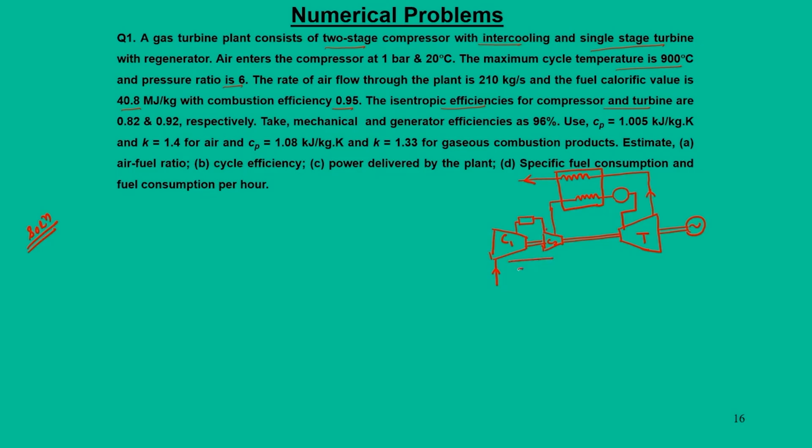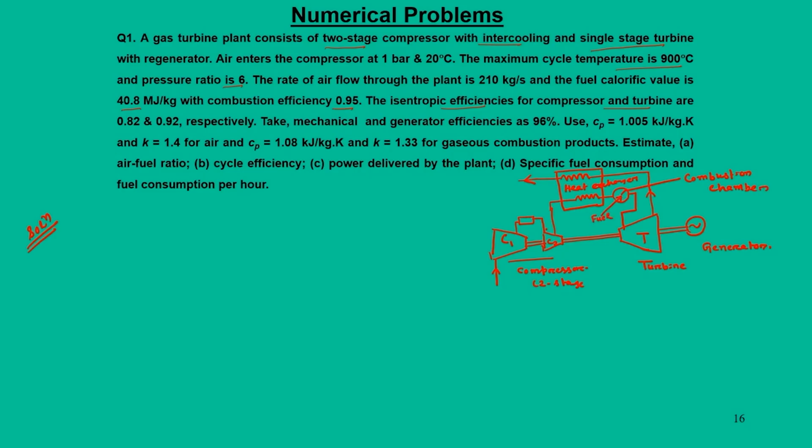So, this is what we say compressor, two stage, turbine, generator, and this is heat exchanger. And we have also here combustion chamber where fuel is added.